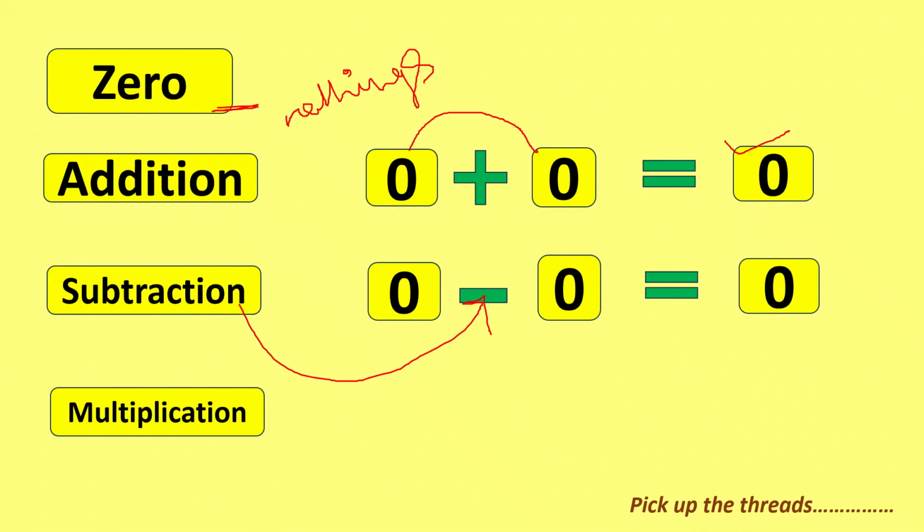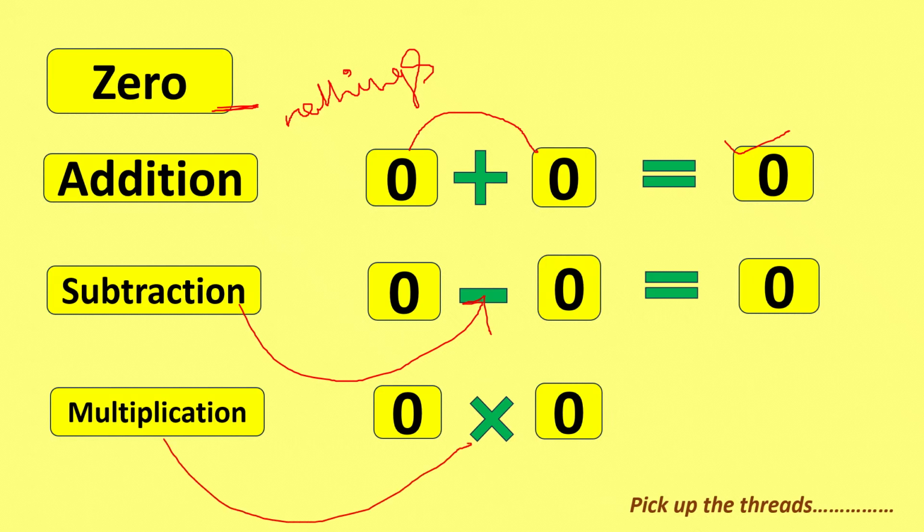So look here, it's about multiplication. The multiplication sign is a cross, and we multiply by zero. So when we cross with zero, we get zero, because zero means nothing.